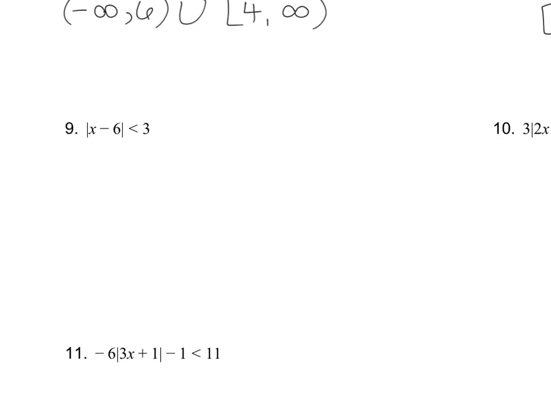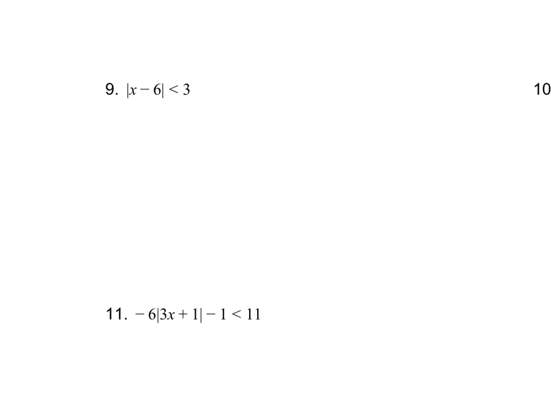The very last 3 problems are examples from section 5, absolute value inequalities, combining sections 2, 3, and 4 into one problem. To solve the absolute value inequality, the absolute value of x minus 6 less than 3, we have to solve 2 inequalities. The first inequality we solve drops the absolute value.